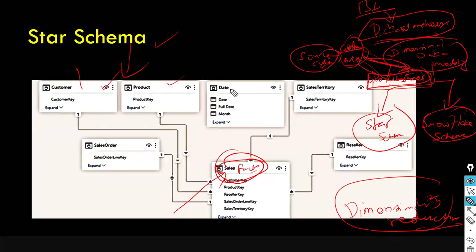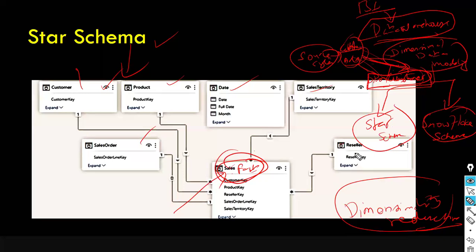Since you have included all the dimensions, you can do the filtering. For example, if your manager asks you, give me the sales breakdown by quarter, or by quarter by year, you have the data here, you can do the filtering with the date table. Supposing you want to see the territory-wise sales breakdown, since you have created the relationship, you can create that report also.